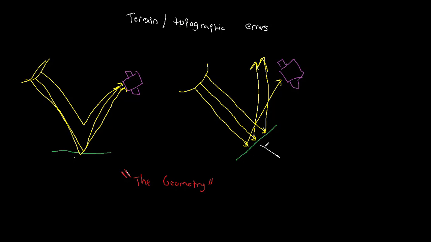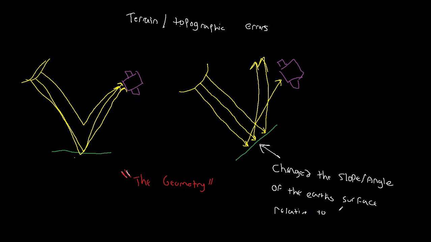What we've done is we've changed the slope or angle of the Earth's surface relative to the sensor and the sun.